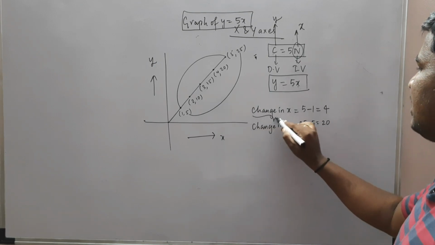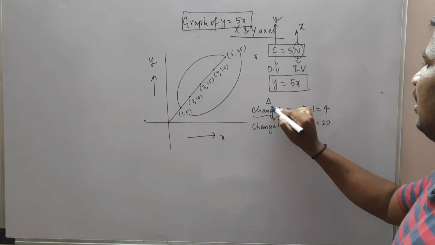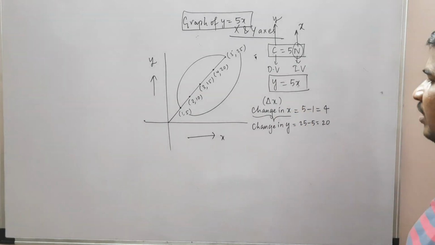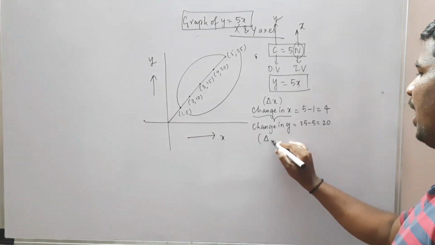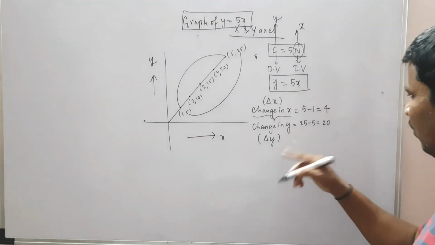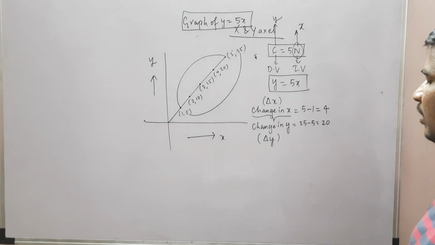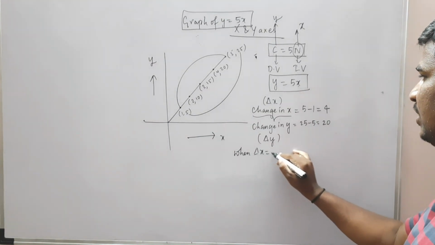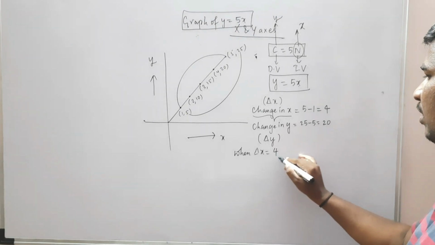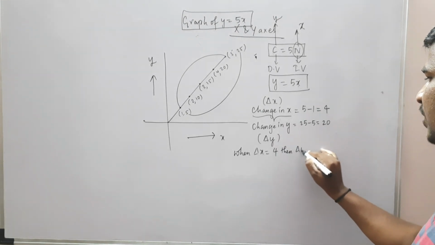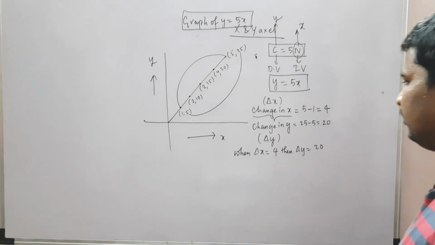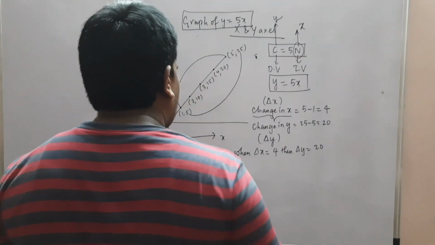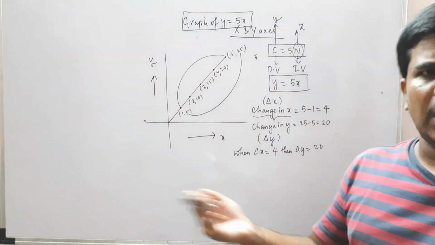Change in x we denote with delta x, and change in y we denote by delta y. So delta y is 20 when delta x is 4. That you remember.